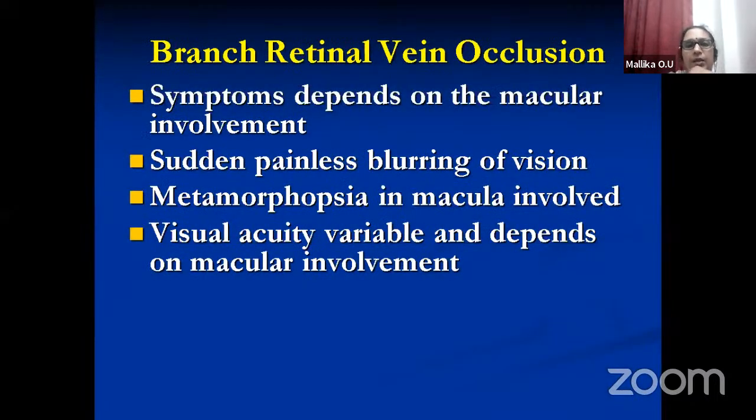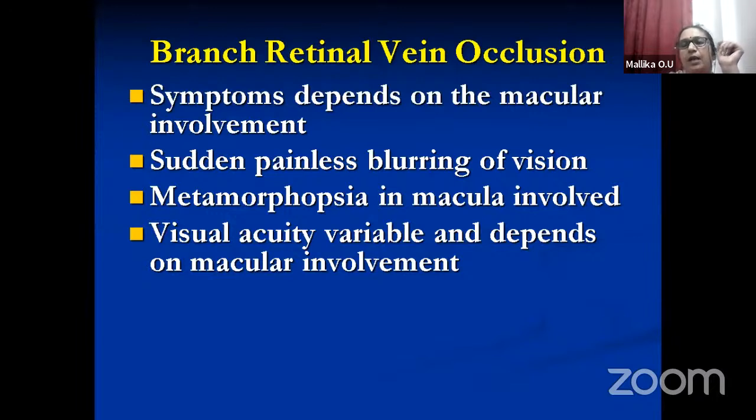Now I come to the next topic, that is branch retinal vein occlusion. So instead of the central retinal vein at the region of the lamina cribrosa, in this case it is a branch of the retinal vein. In the last class, I explained that at the AV crossings, where the arteries cross the veins, they share a common adventitial sheath.